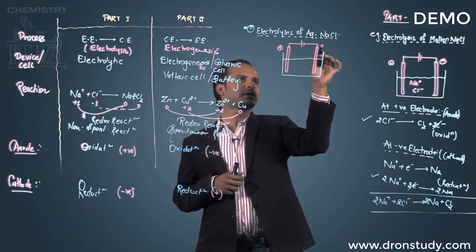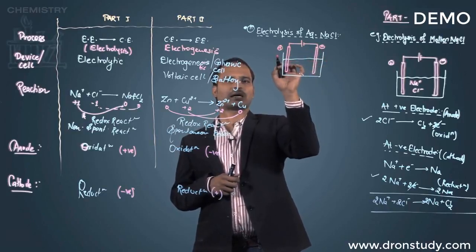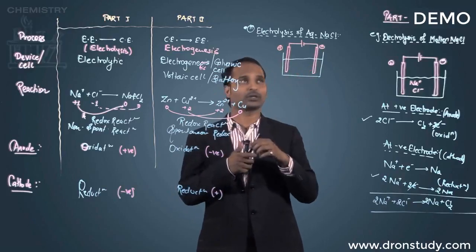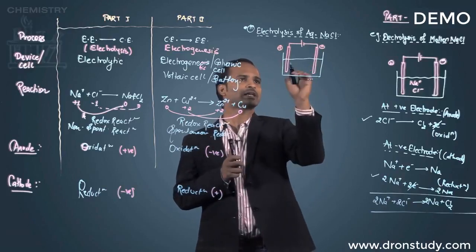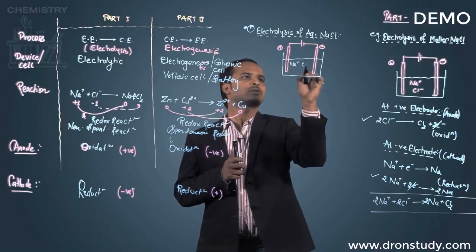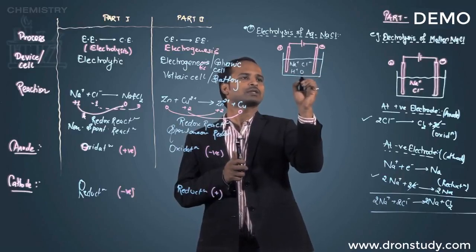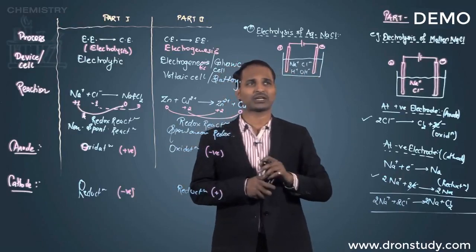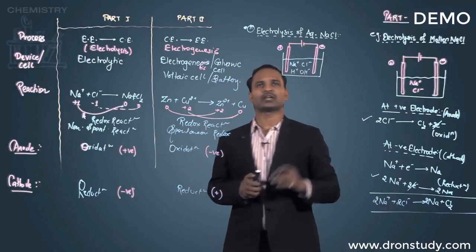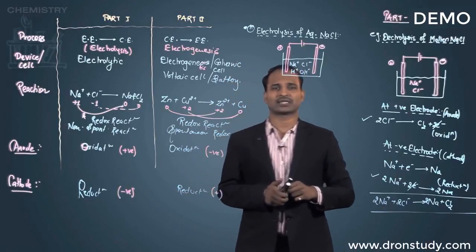Positive and negative, that is again a positive electrode and a negative electrode. In aqueous NaCl, the ions will be Na+ and Cl-, and there are 2 more ions from water, that is H+ and OH-. So finally we have these ions inside.